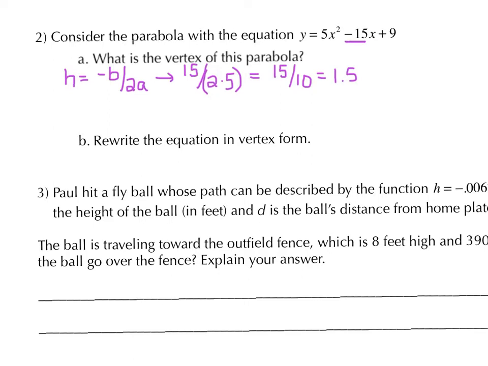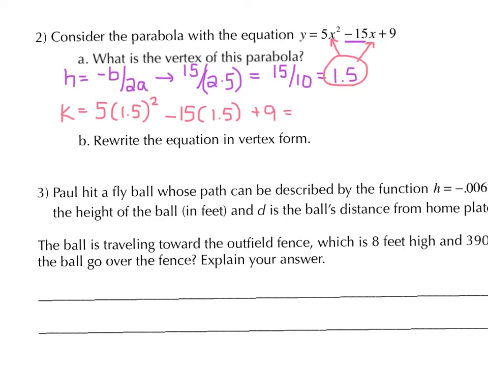Now to find k, I'm going to take that 1.5, put it in place of x here, put it in place of x here. So I'm going to have 5 times 1.5 squared minus 15 times 1.5 plus 9.